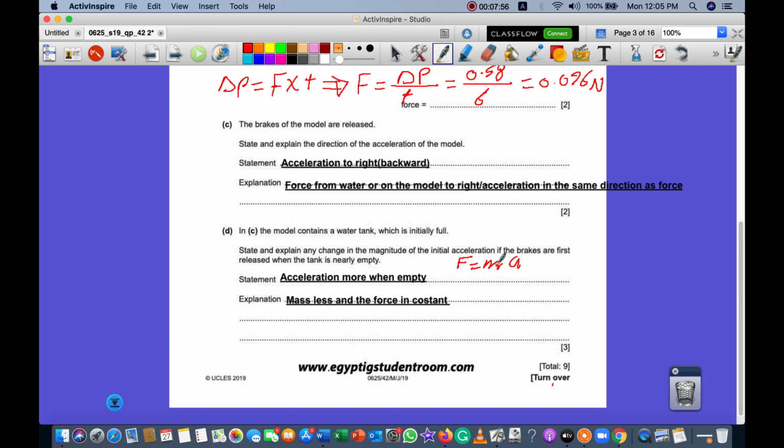So what is the relation between mass and acceleration? We have inversely proportional between mass and acceleration. Means, if you have less mass, you have more acceleration. So that will happen here in this problem. The mass is less, so the acceleration will be more because the tank is nearly empty, due to Newton's second law.